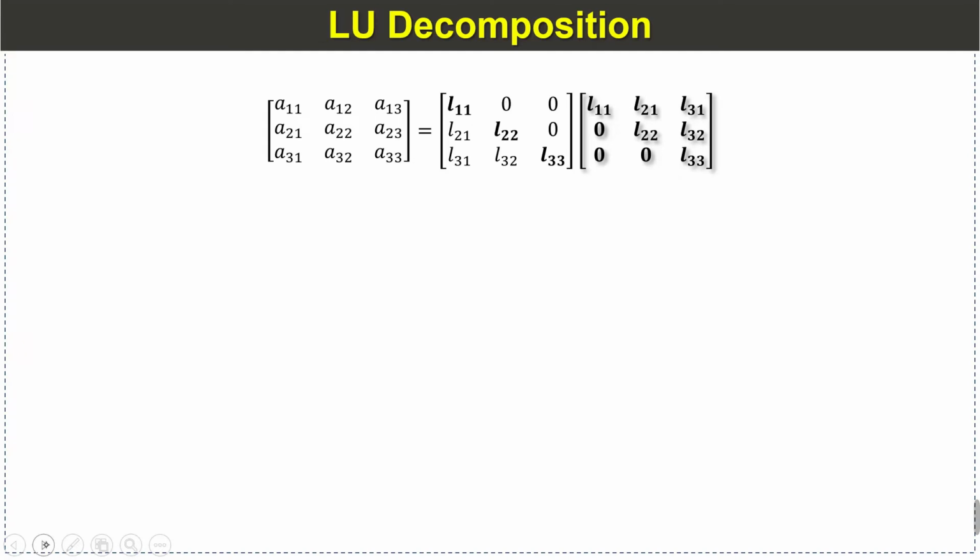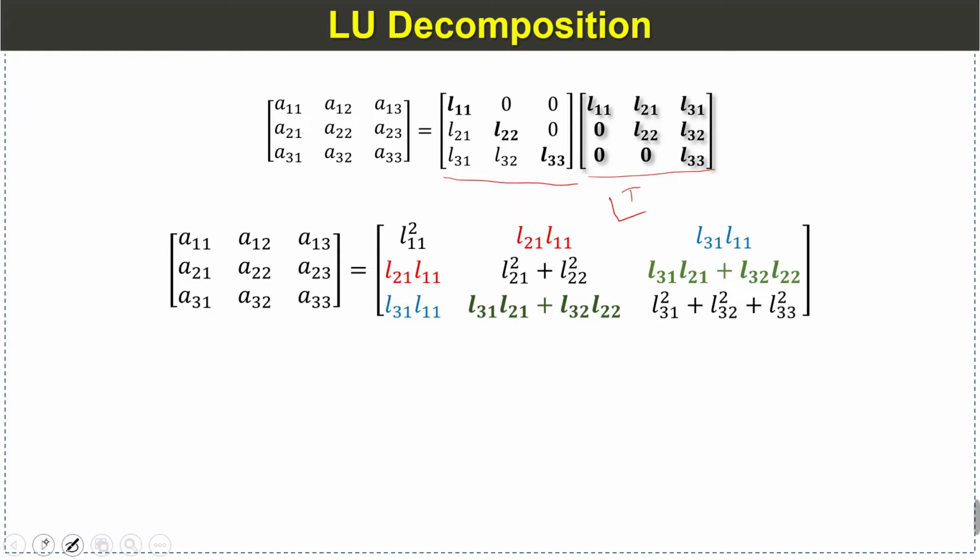So we have the decomposition form of the coefficient matrix A like that. This is the lower triangular matrix, and this one is its transpose. We multiply these matrices with each other, and we have the form like that.